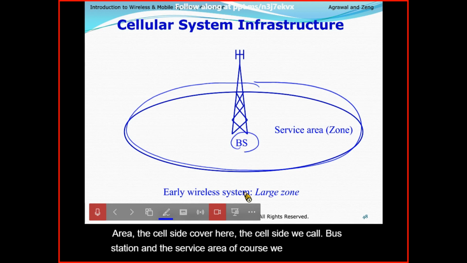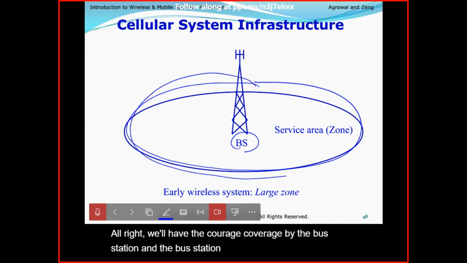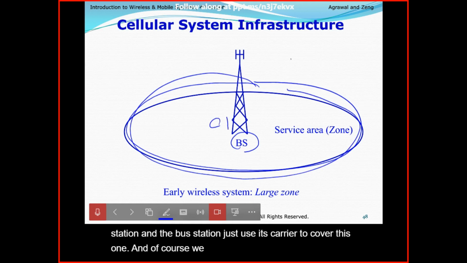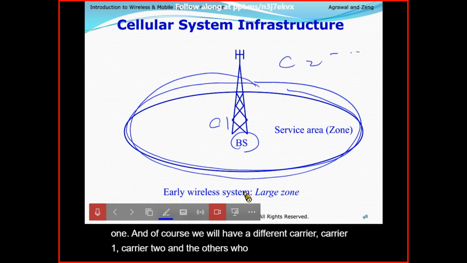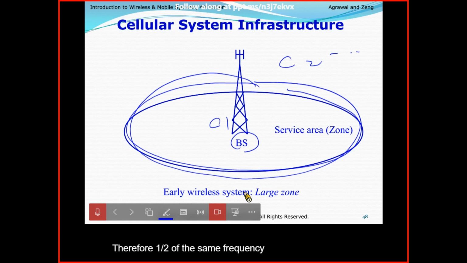We will have the coverage by the base station, and the base station just uses its carrier to cover this one. And of course, we will have different carriers, carrier 1, carrier 2, and the others, which have different service areas. Therefore, we won't have the same frequency interfering with each service area.